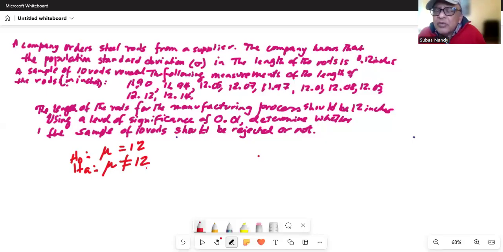The null hypothesis is mu equal to 12, and the alternate, when it does not meet the requirements, is that the mean is not equal to 12. And we will test this hypothesis at a level of significance, alpha. It's given in the problem. Alpha, the level of significance, is 0.01.